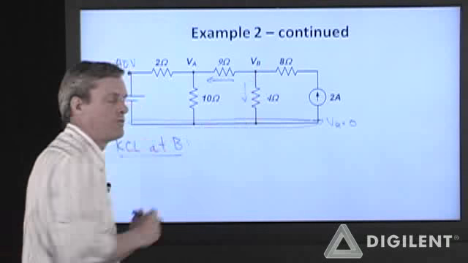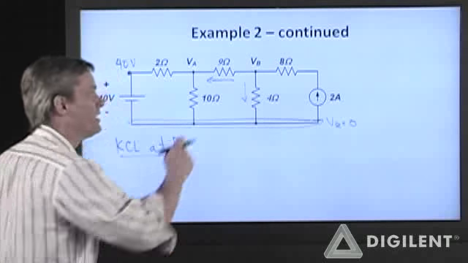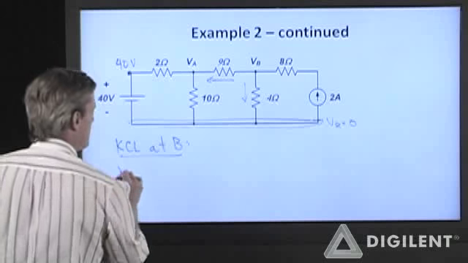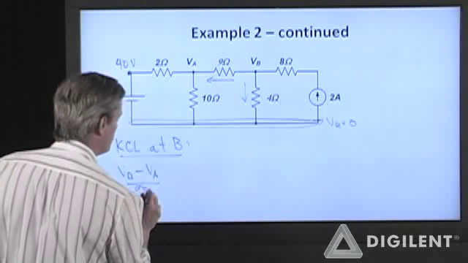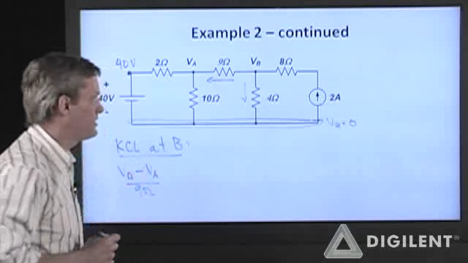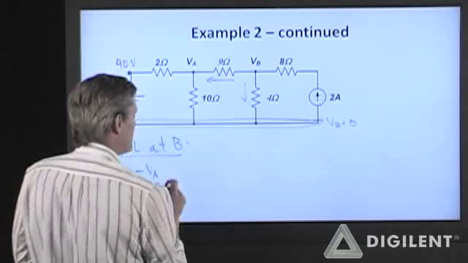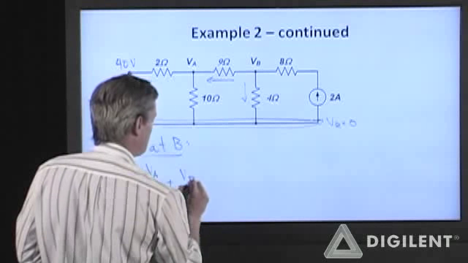The current through the 4 ohm resistor is going to be assumed to be in that direction. Let's forget about this one for the moment. So this current here is V sub B minus V sub A over 9 ohms. Ohm's law says it's the voltage difference divided by the resistance, plus this current here is V sub B minus 0 over 4 ohms.